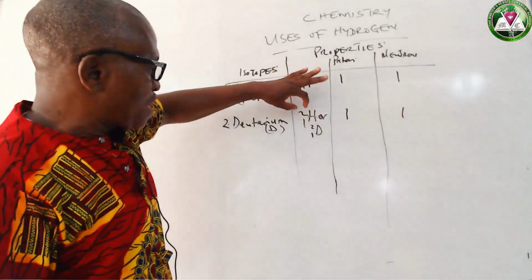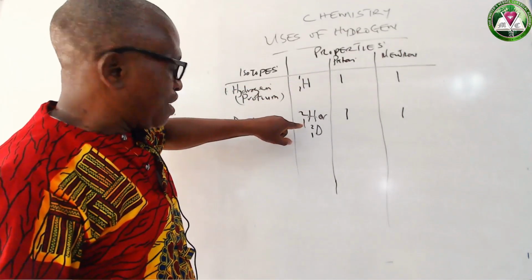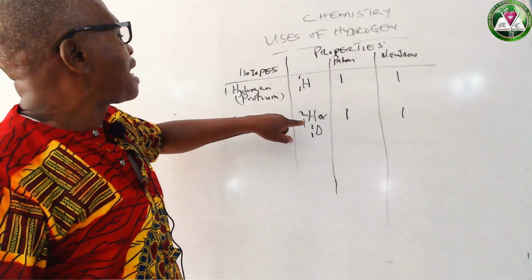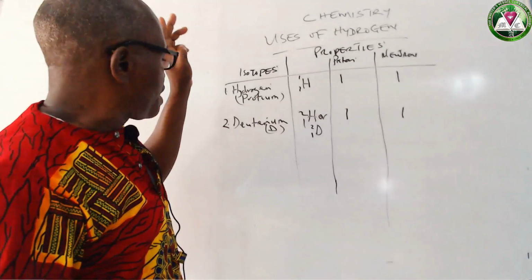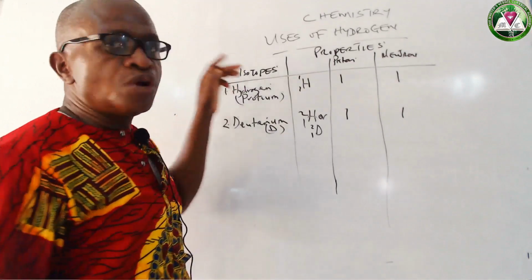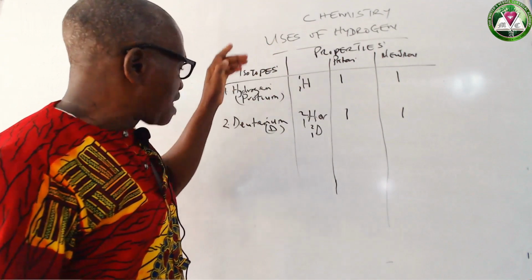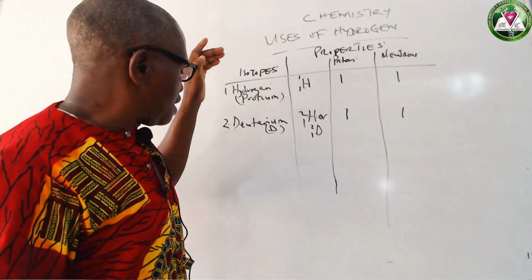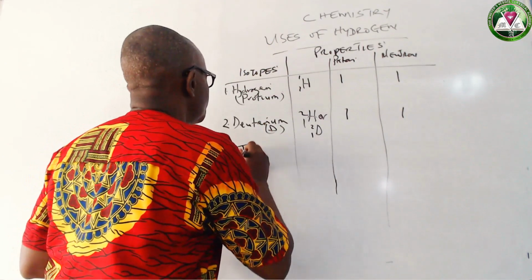Remember that the one that you write up is the mass number, while the lower number is your atomic number or number of protons. For hydrogen, you have 3 isotopes. Hydrogen, which can be called protium, deuterium, and then you have the third one, tritium.